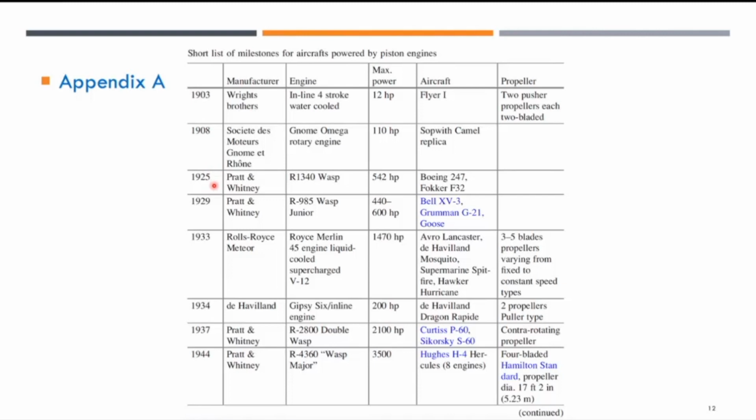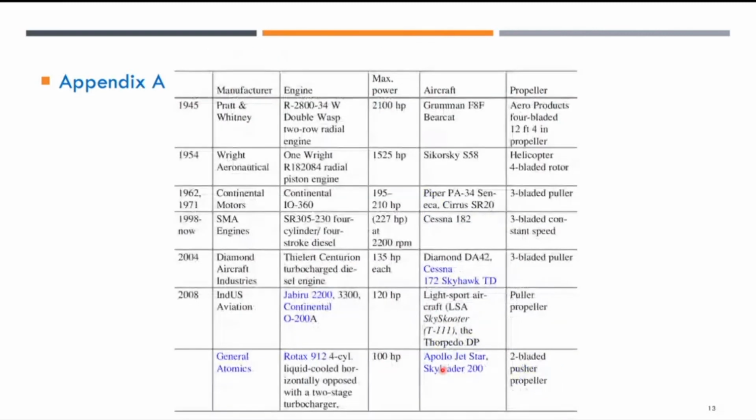evolved to 1925. We have the Pratt and Whitney Wasp engine, and the horsepower is already increasing. In the 1940s, we have a similar Pratt and Whitney Wasp engine that has already been upgraded.